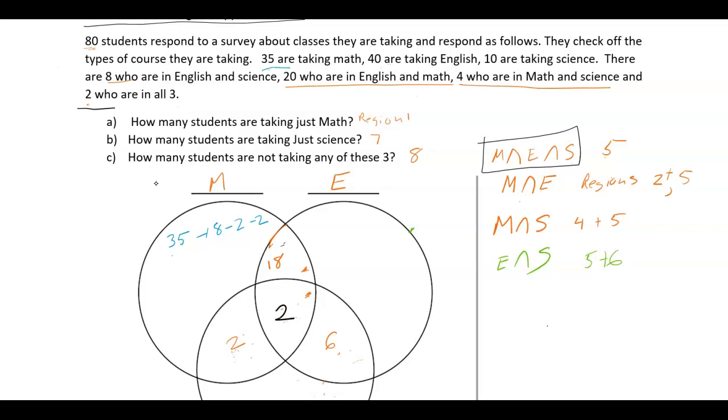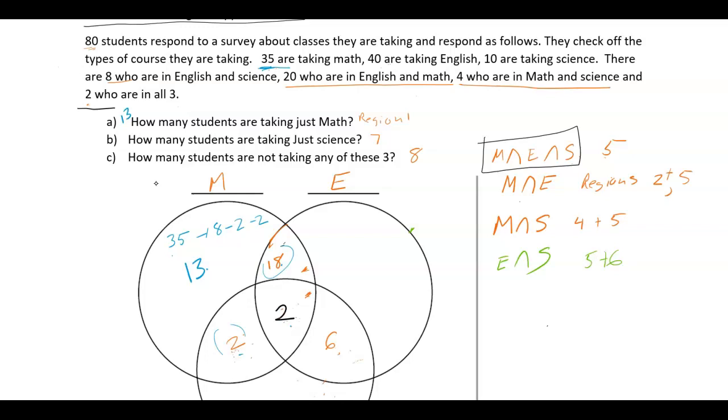So I have to do 35 minus this 18, minus this 2, minus this 2. That'll tell me how many are just in math. And when I write that number down, I see it's a 13. So if I add 13 plus 18 plus 2 plus 2, I should get this 35. So I can answer this question now. There are 13 who are just taking math.